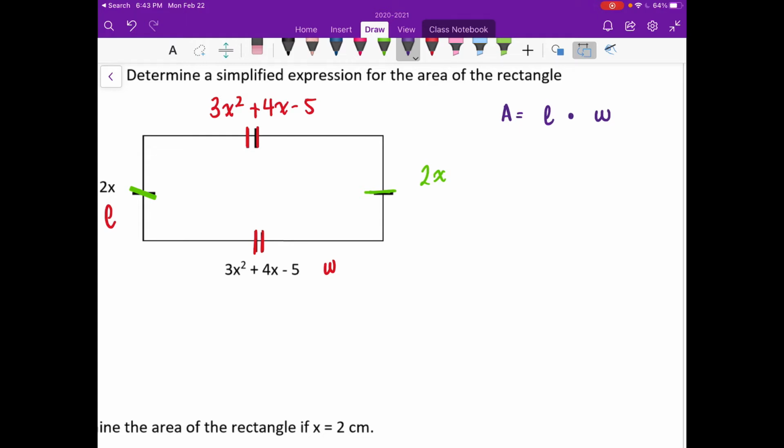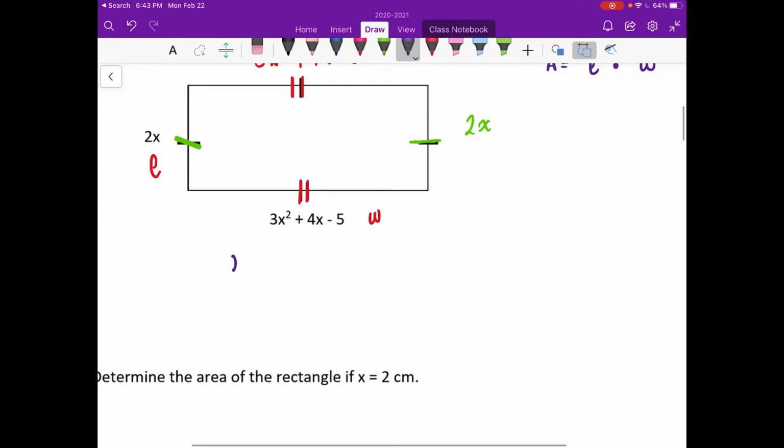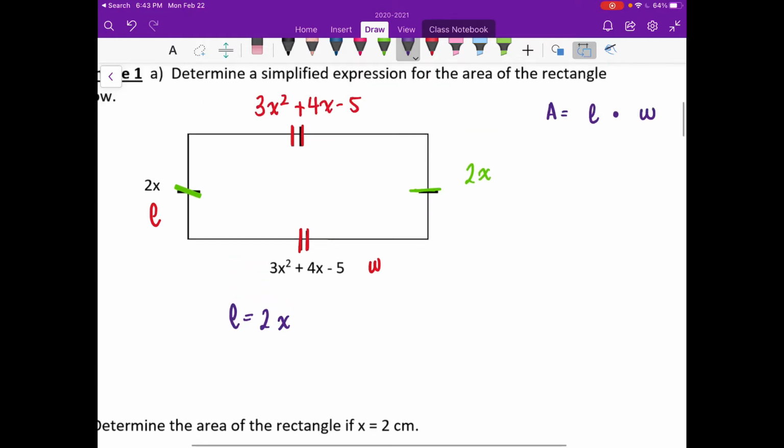Now, I know from this drawing that length is equal to 2x. So now I can go into this area equation and say, okay, L is equal to 2x, so I can just plug it in for L. And I know that width is equal to 3x squared plus 4x minus 5, because that's what the width is.